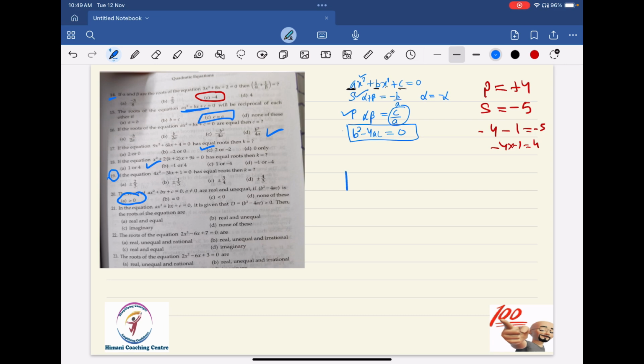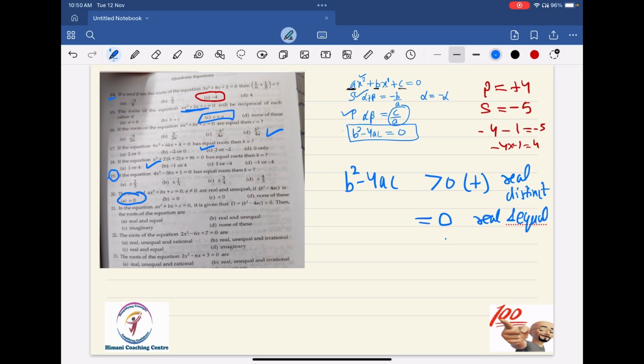If b square minus 4ac is greater than 0, that means any positive value, then roots are real, distinct. Distinct means unequal also. If b square minus 4ac is equal to 0, then roots are real and equal.